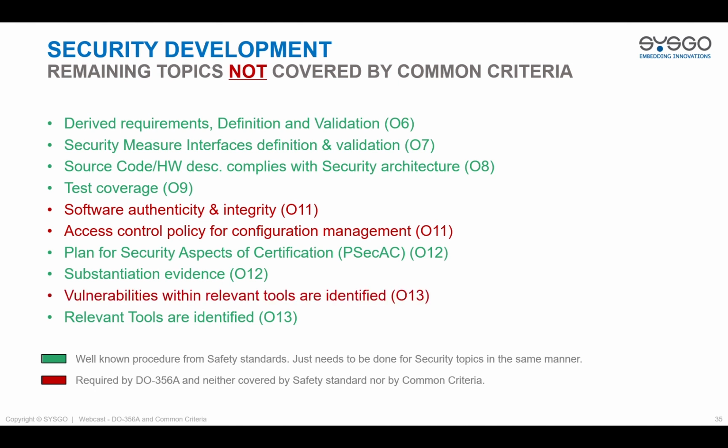In addition, all the tools used during development now need to be checked for their vulnerabilities, just to make sure that an outside attacker cannot have an impact or change your development tools. This is also new and came with the new DO-356A standard.